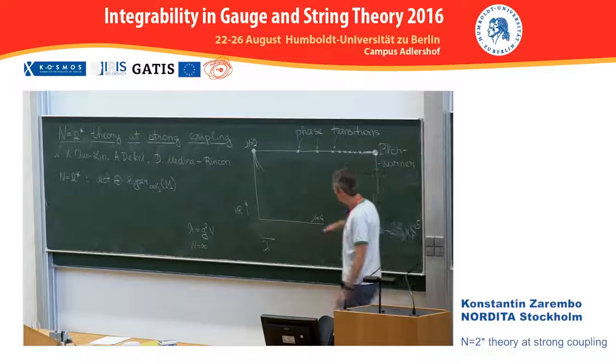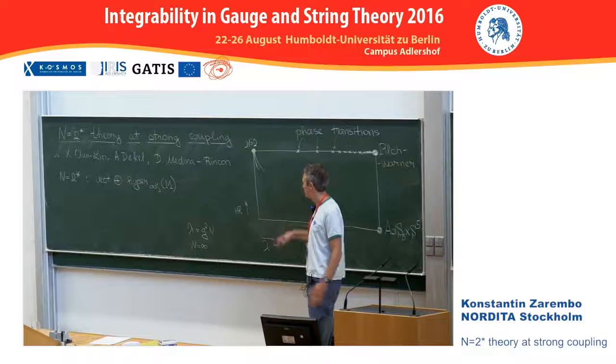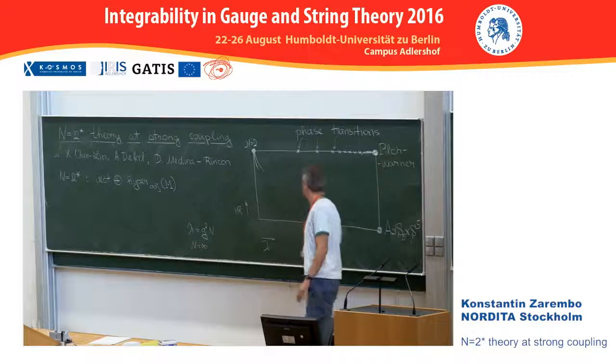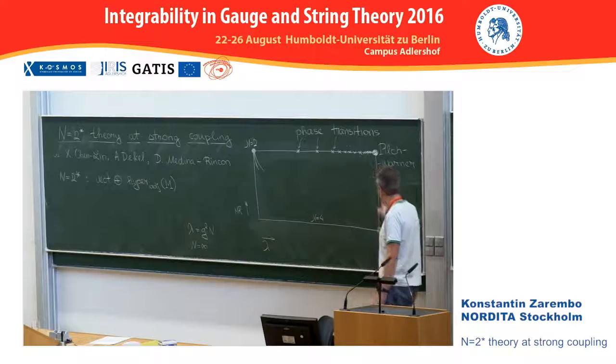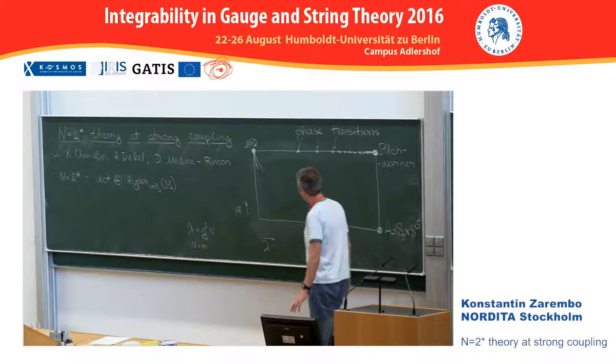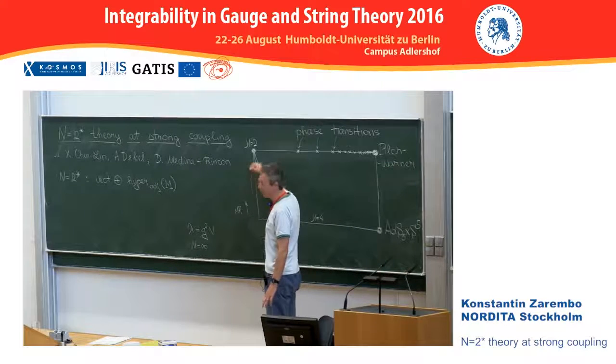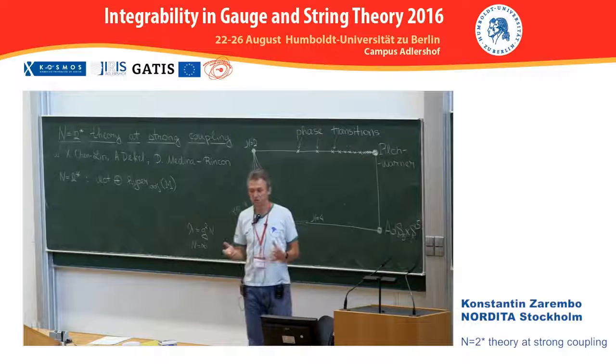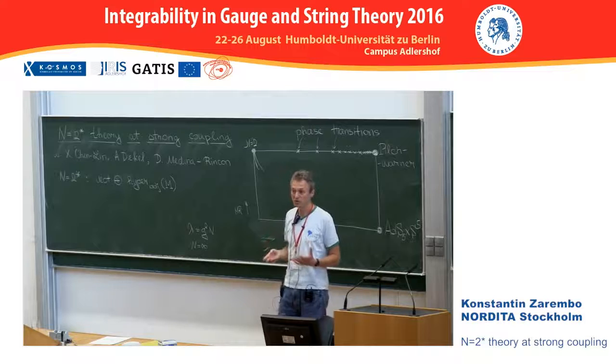Now, if we go to larger radii, we expect the same. At weak coupling, we have perturbation theory, and at strong coupling, there should be some holographic description. But if we go to larger and larger radii, it turns out that the perturbation theory starts to be contaminated by large logarithms.